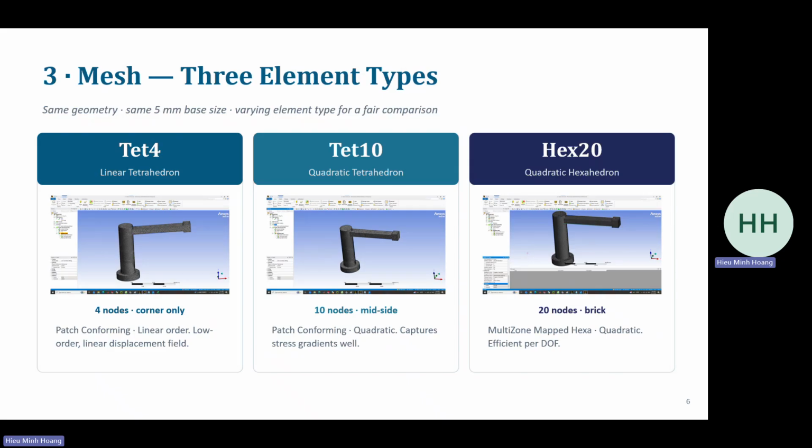The second is TET10, a quadratic tetrahedron with mid-side nodes. It captures the stress gradient well. The third is HEX20, a quadratic hexahedron, a brick element. It has good efficiency per degree of freedom.